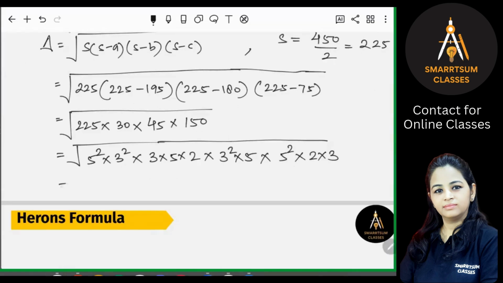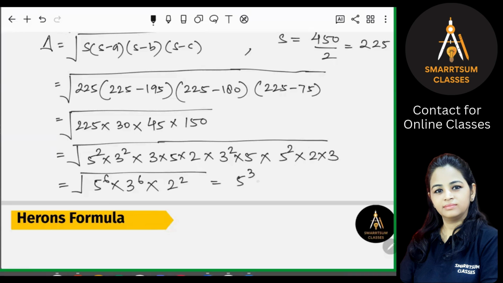Now we can combine them. Just count how many powers of 5 are here. 5 to the power 2, 5, 5, 5 to the power 2, so this will be 5 to the power 6, into 3. Similarly, 3 square, 3, 3 square, 3, so this is 3 to the power 6, into 2, into 2, which means square of 2.